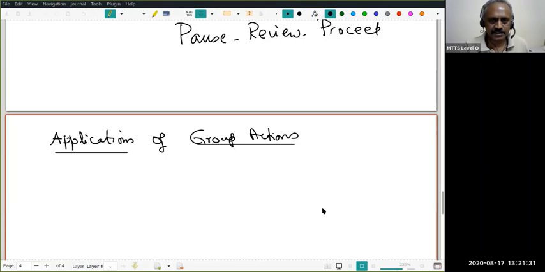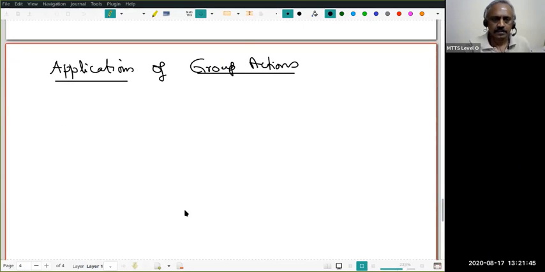Please remember what I said in one of the earlier lectures: group action is a very important tool in finite group theory, so it's better that you master it. In fact, all the advanced theory of finite groups is established by group action techniques.